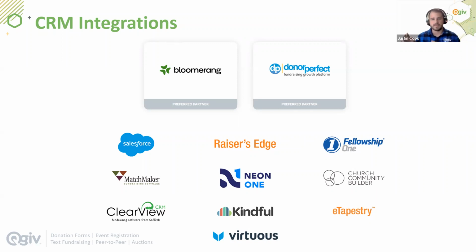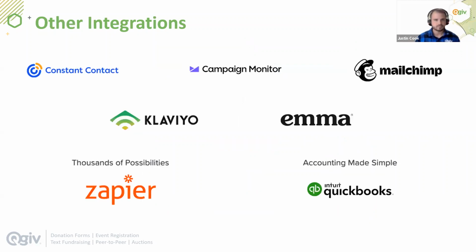And if there's anything that's not on here that you are using with your CRM, we do have a custom integration through Zapier. And we have all of these other integrations with these great marketing tools and these accounting softwares. And like I said, there's Zapier as well to help you create a custom integration with a CRM or any other marketing tool that you use.